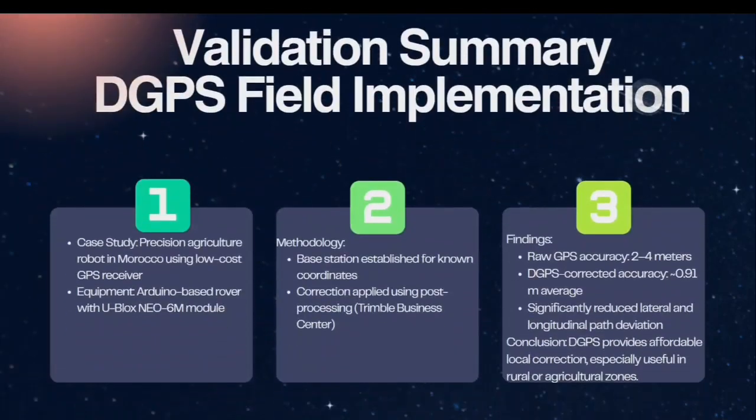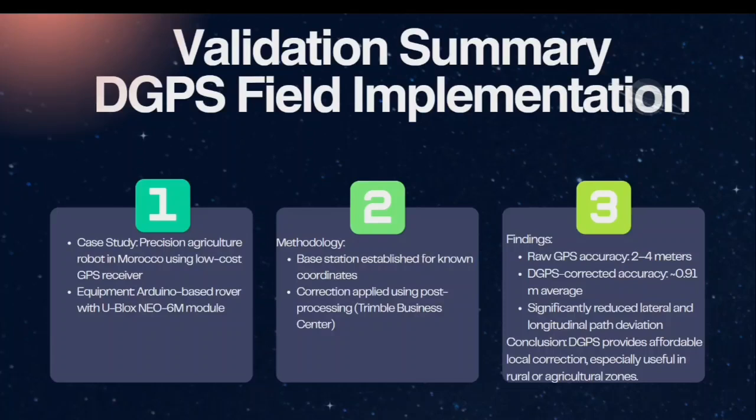Next is the validation summary for DGPS field implementation. This uses a precision agriculture robot in Morocco with a low-cost GPS receiver. As the methodology, they used a base station established at known coordinates, with corrections applied through post-processing using Trimble Business Center.